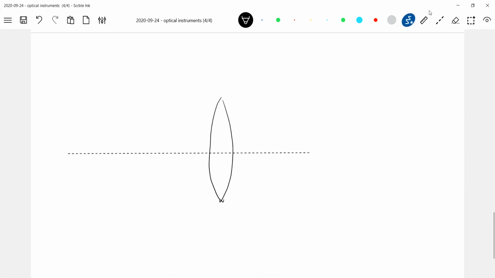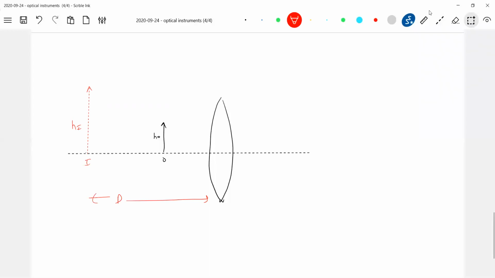I kept an object. The ray diagram I'll try to avoid. So the image will be formed. What is the condition? The image is at a distance of the least distinct vision.